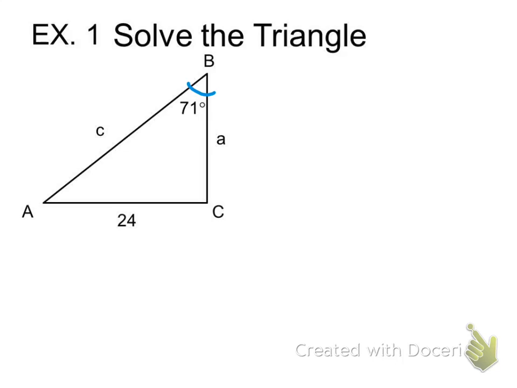From angle B, we're going to label the opposite side, adjacent, and hypotenuse. We'll come back to those when we work on the sides. Angle C is a right angle. To solve for angle A, I know that angles A and B, the two acute angles in the right triangle, have to add to equal 90 degrees.